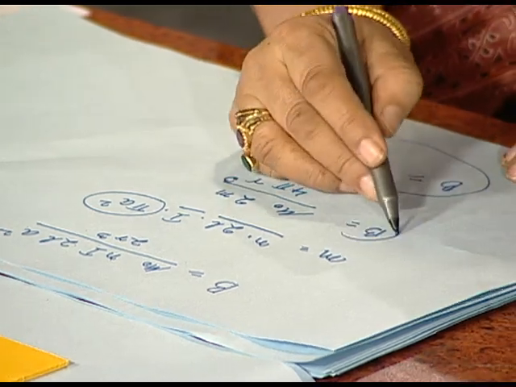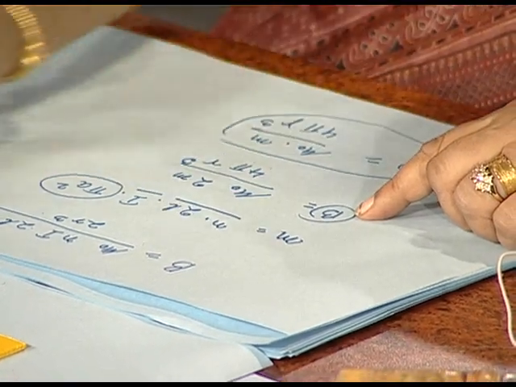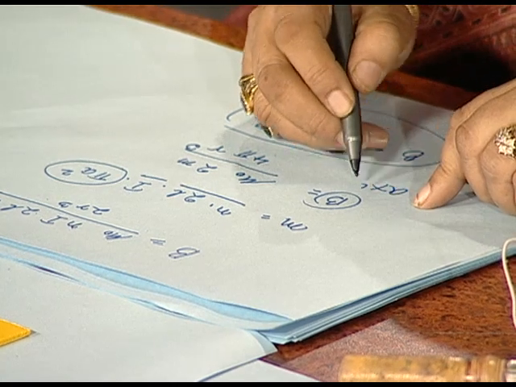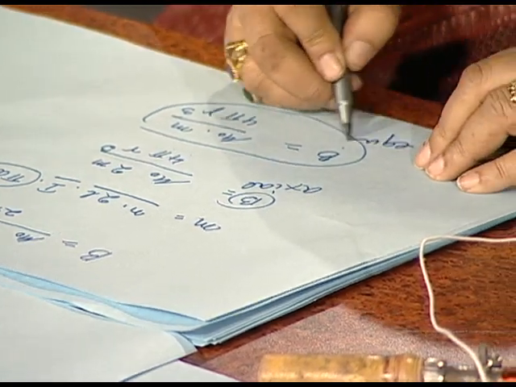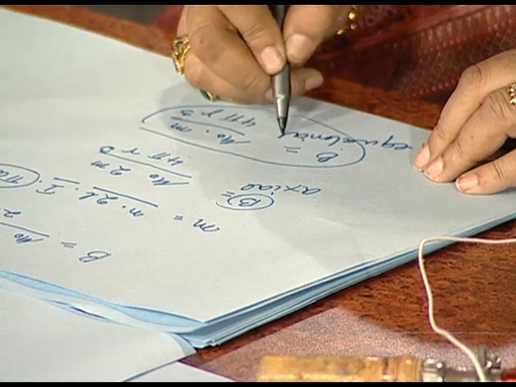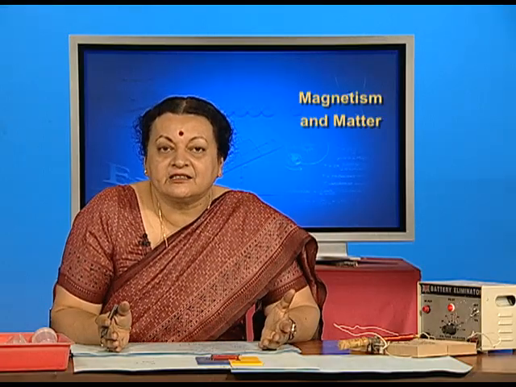So, this becomes our magnetic field along the axial line, and this becomes the magnetic field along the equatorial line. Something very easy and simple.